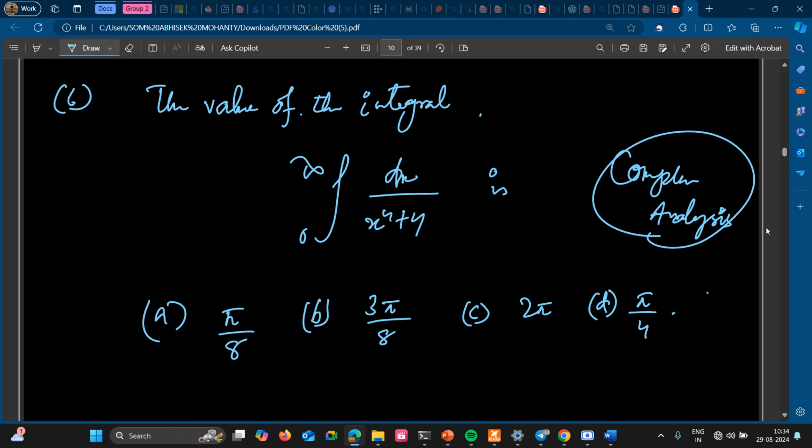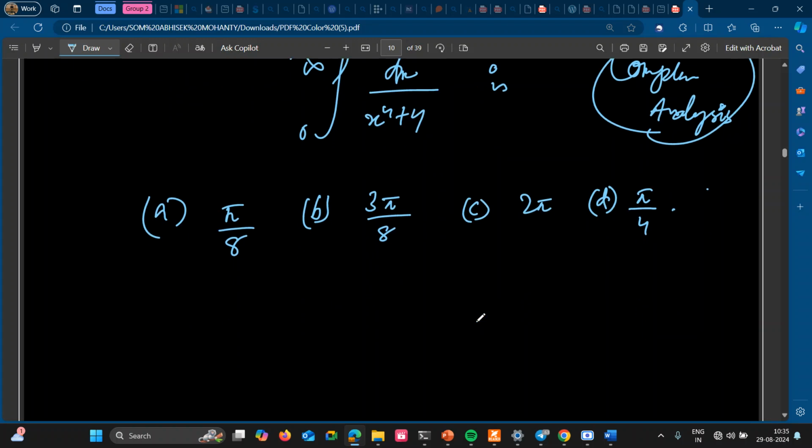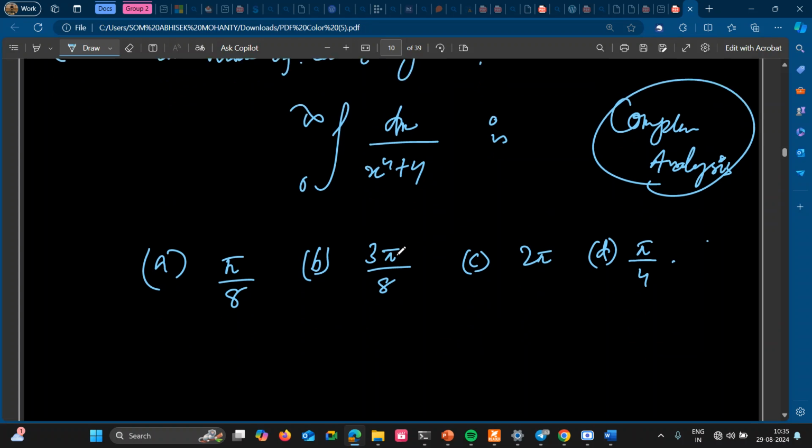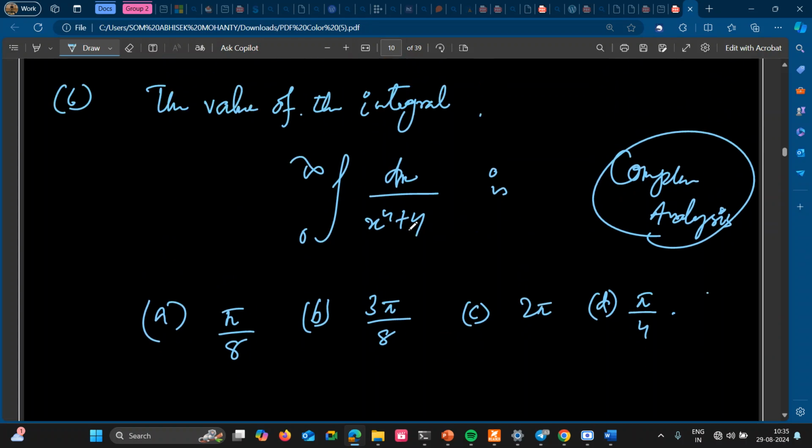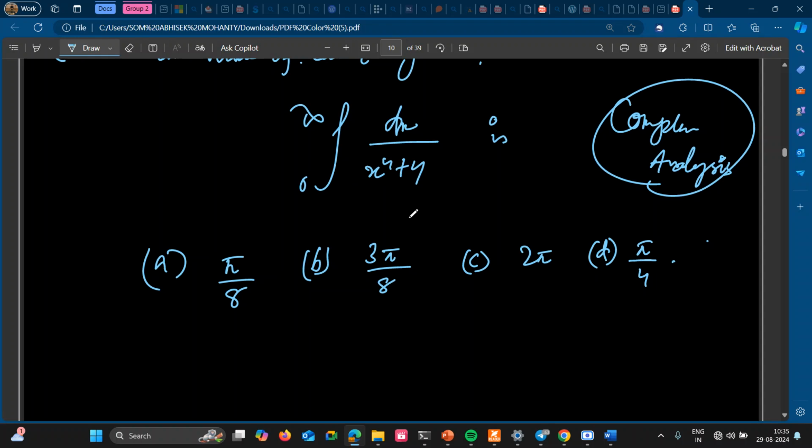So how to start this question? What do we do exactly in complex integration? When this type of question is given, we have to consider minus infinity to infinity, and just divide by 2.